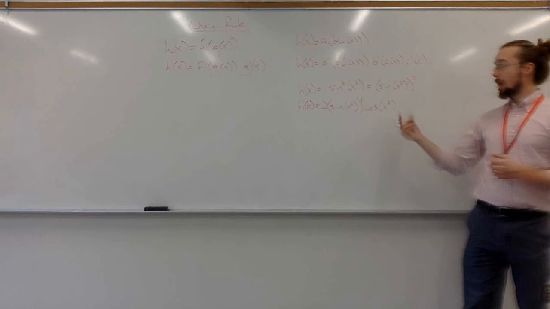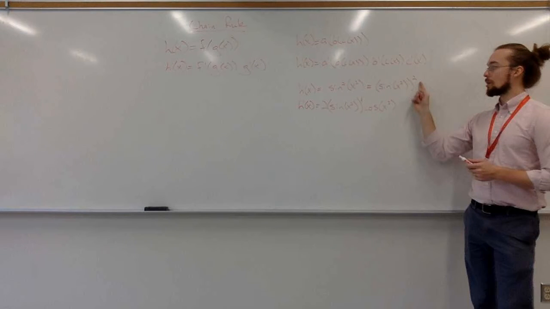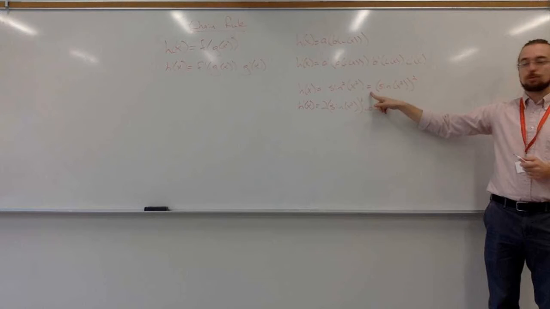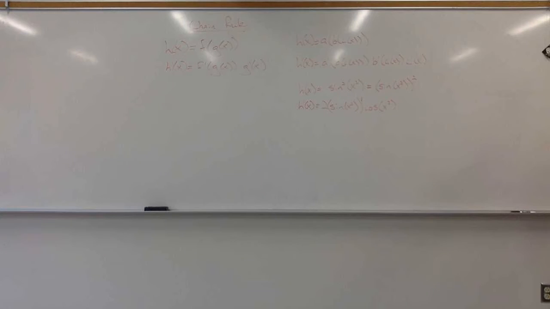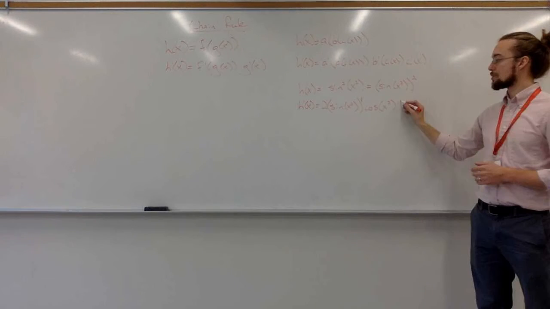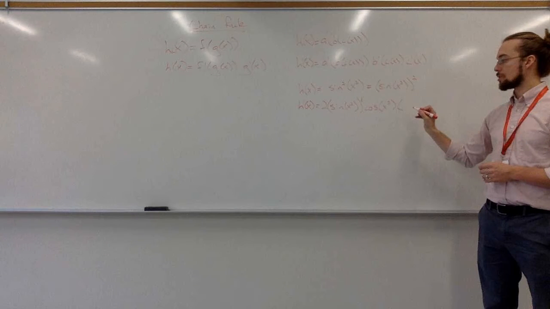So my first layer was the square. Brought the 2 down, subtracted 1 from the exponent, didn't change the sine of x squared. The next layer was the sine, so the derivative of sine is cosine. I'm not changing the inside of that function. Now the third layer then is x squared. So now I need to multiply by the derivative of x squared, which is 2x.